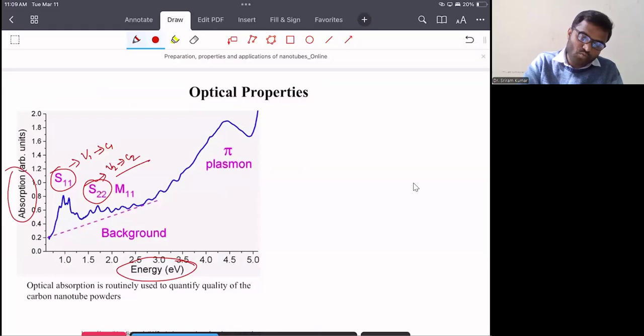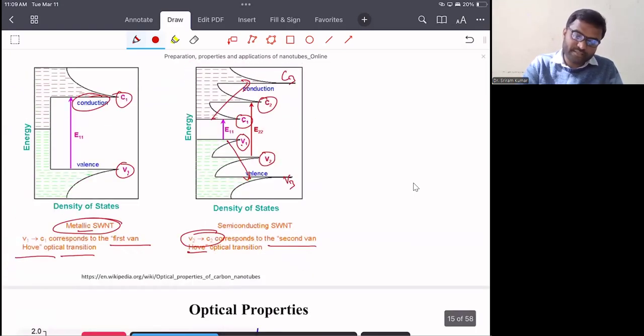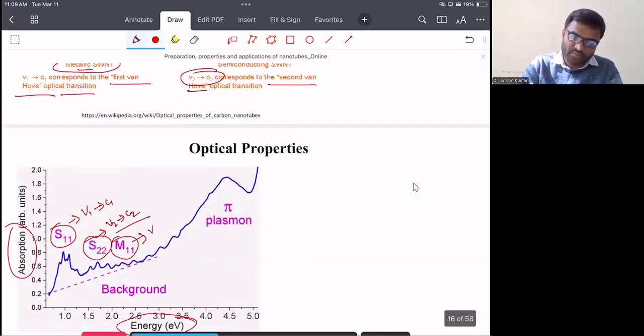Here M11 corresponds to the metallic CNT, and the 11 corresponds to the energy transition from V1 to C1.